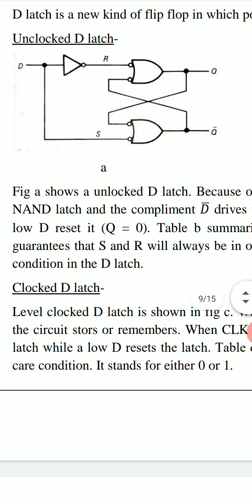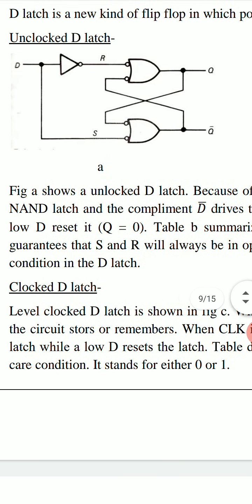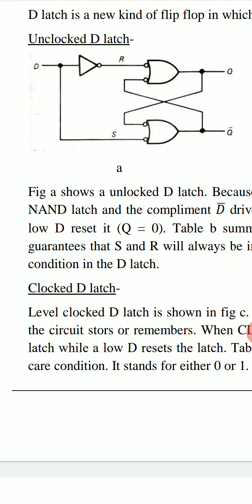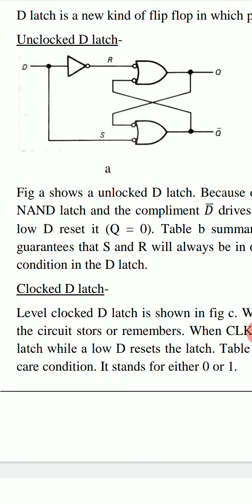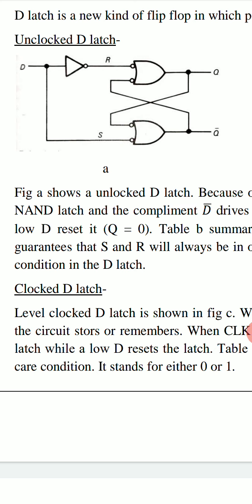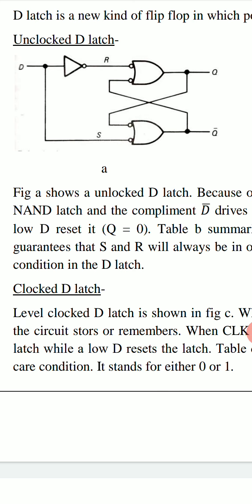If D is high, S is high, so it sets this latch and output Q will be high, that is 1. And if data bit D is low, that is 0, then input R, reset input, becomes 1 and this latch resets.